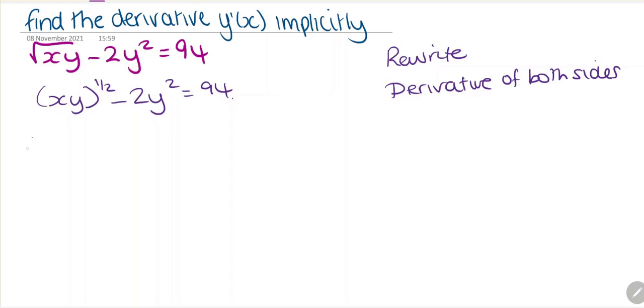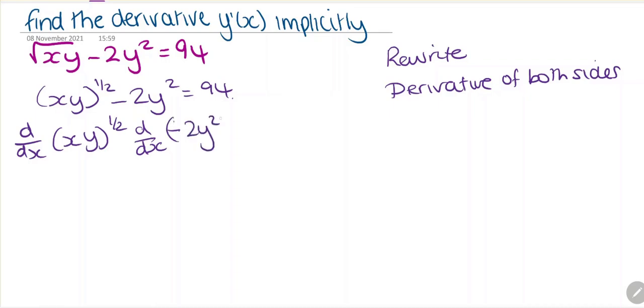So we need d by dx of our xy to the half, then d by dx of minus 2y squared, and d by dx of our 94.